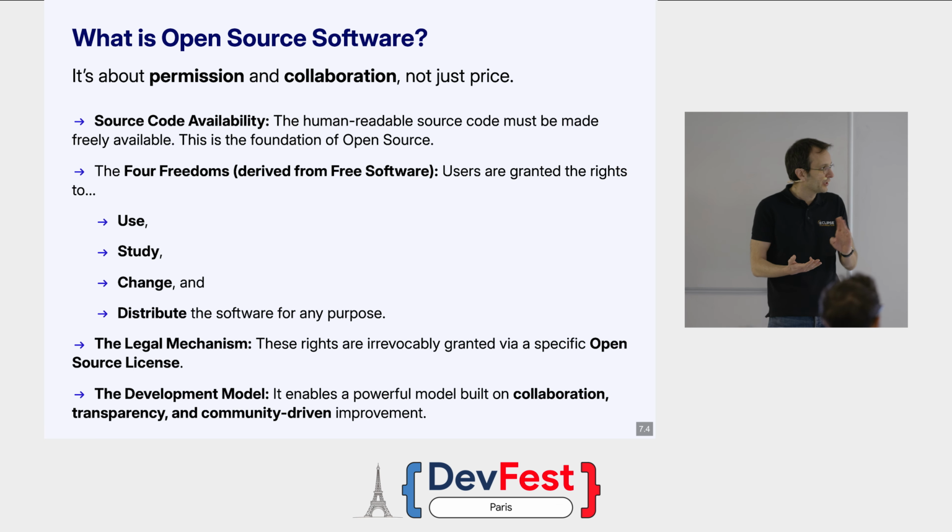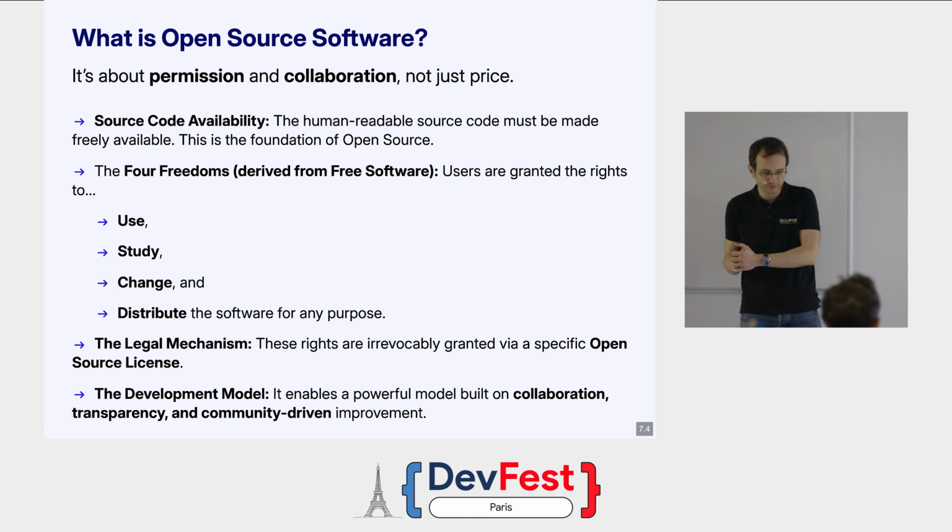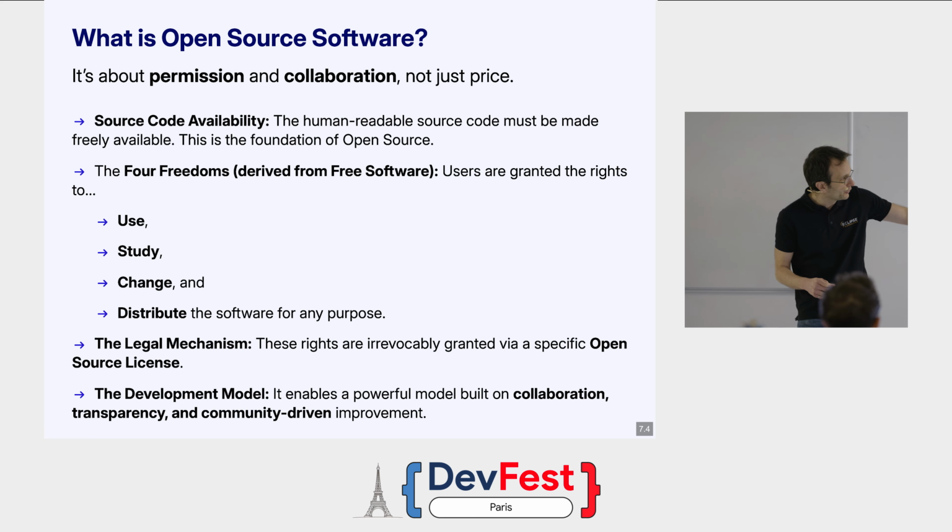You are able to modify it, do some modification inside the source code, recompile it for your needs. And the fourth freedom is to distribute the program for any purpose, the original version or the modified version. So you need to be granted those four freedoms. That's really the key part of free software, open source software.